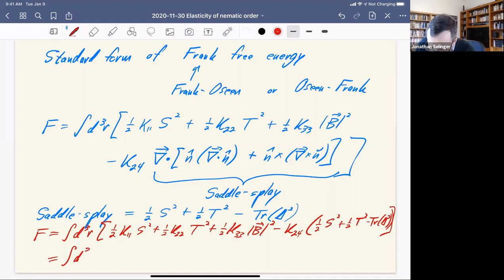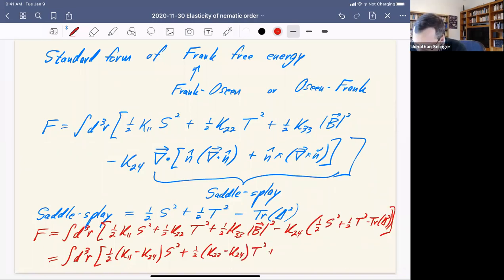This looks like an integral of this combination: 1/2 K11 minus K24 times splay squared, plus 1/2 K22 minus K24 times twist squared, plus 1/2 K33 times bend squared, plus K24 times the trace of delta squared.